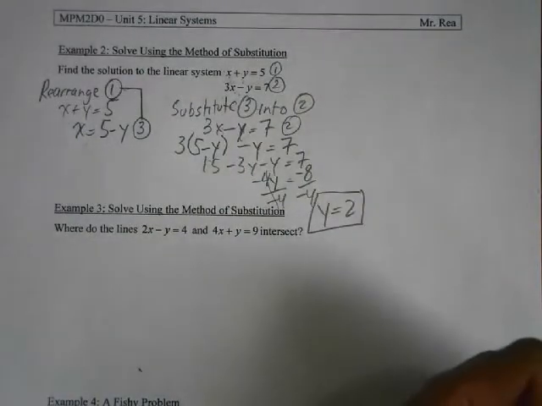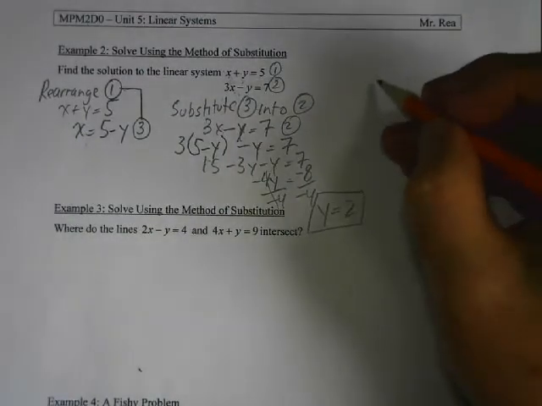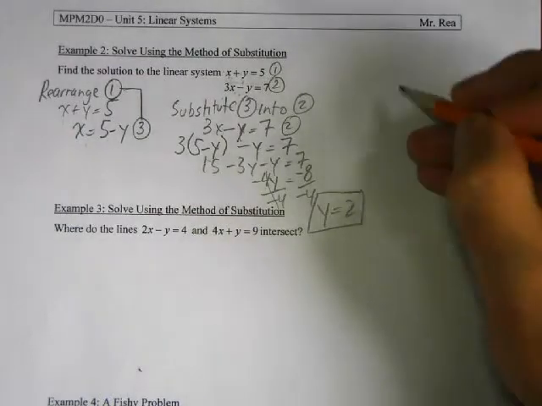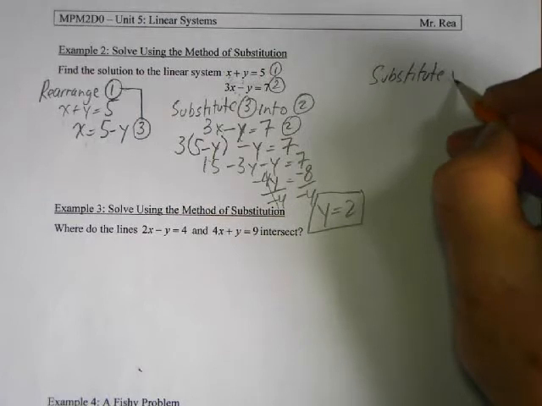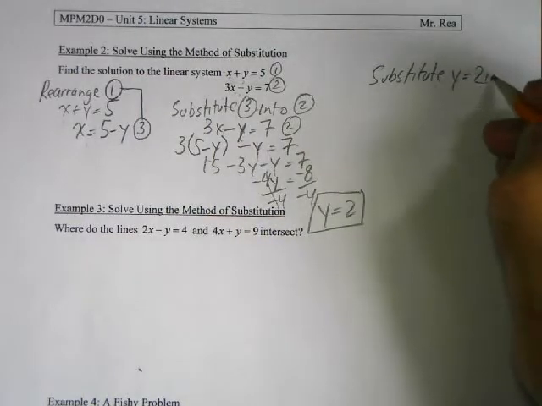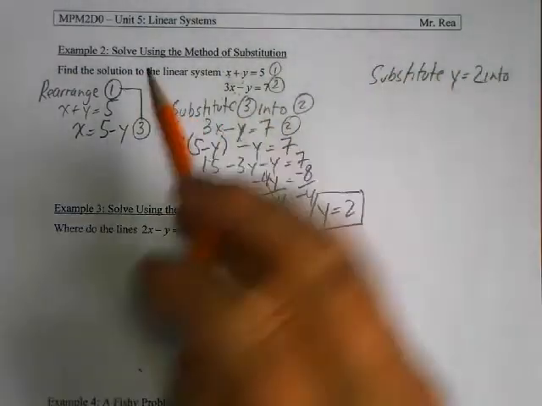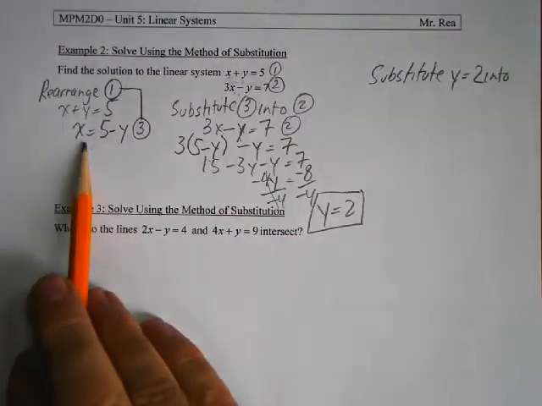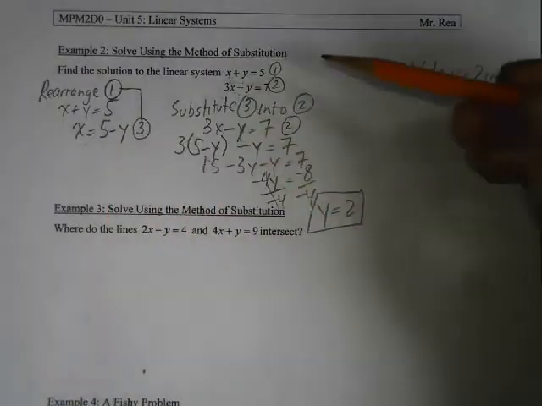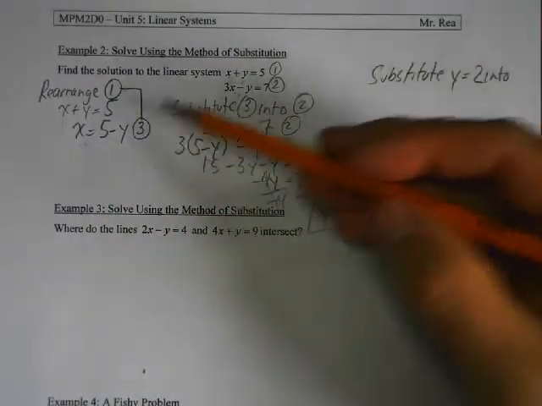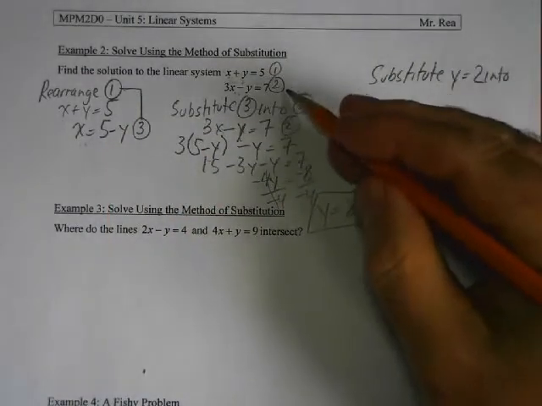Okay, and the last part will be to take that value and plug it into one of the two equations. So substitute y equals 2 into, now it's really your choice. I guess we could do this, but I would kind of recommend that we use one of the original equations. Okay, so we're going to plug that into equation 1.